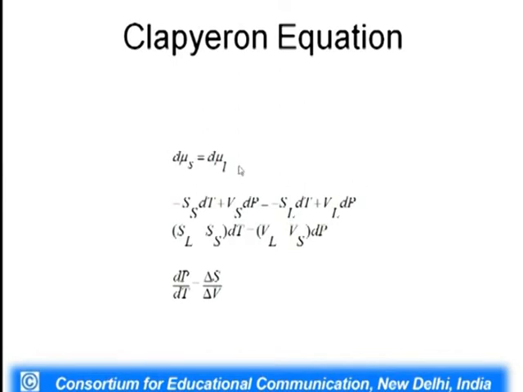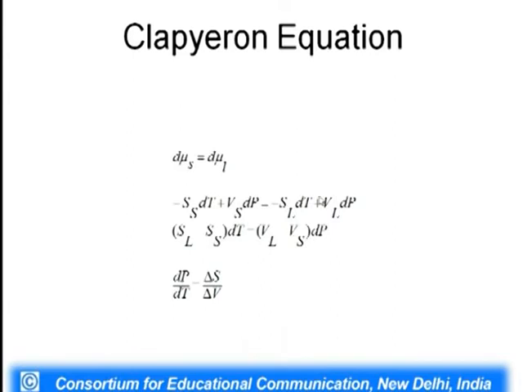So, d mu s is equal to d mu l, and we know that d mu is your dG for a one component system. We can simply write this as minus Ss dT plus Vs dP is equal to minus Sl dT plus Vl dP. Here s denotes solid and l denotes liquid.